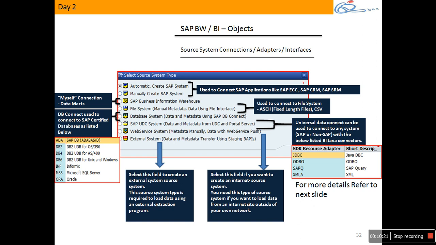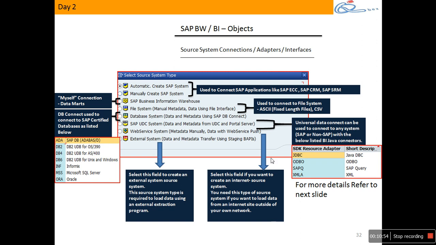Now, when you say UD Connect, Universal Data Connect, this does use the Java stack, and using this it can connect to any system, whether it is SAP, non-SAP, any database. Why? Because this Universal Data Connector has multiple adapters within it, for example JDBC, Java Database Connectivity, which can be used to connect any database in the world.